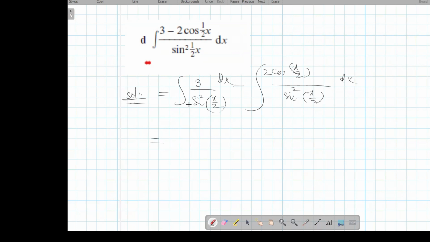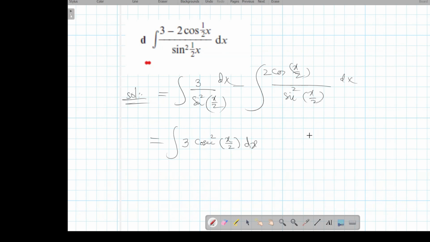Okay, so 1 over sine squared can be written as how? 1 over sine squared is cosec squared. And the reason we have to write it like this is because we know the antiderivative of cosec squared.